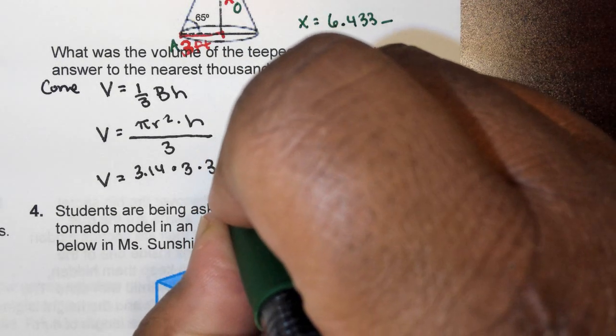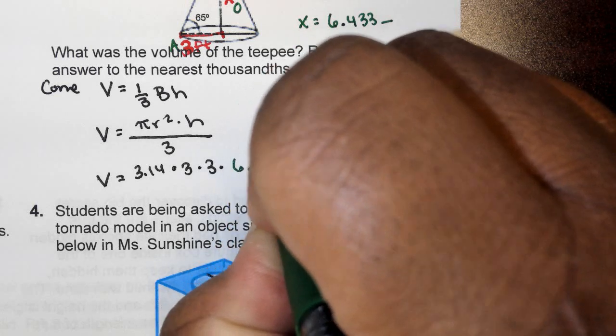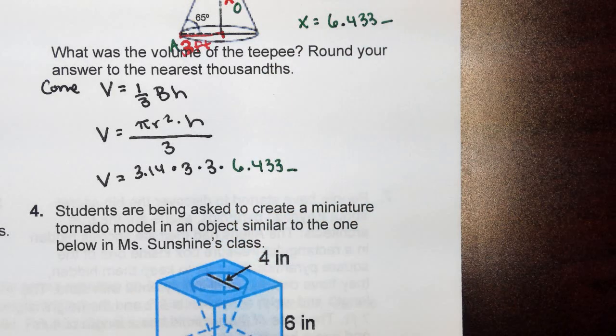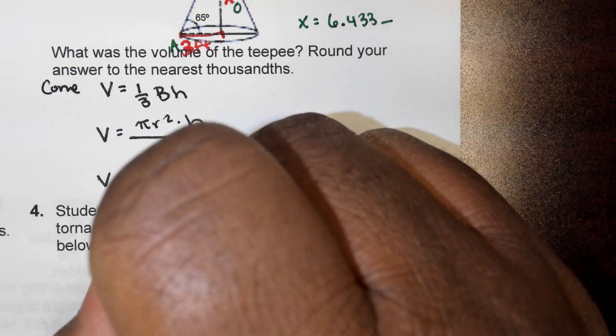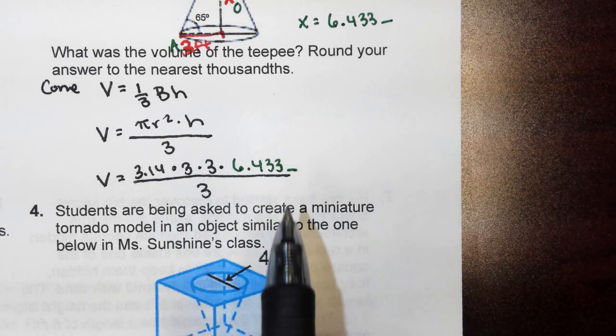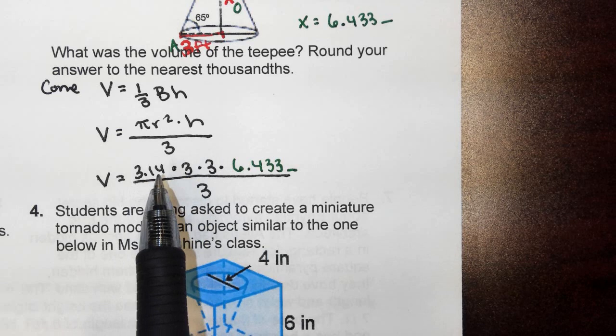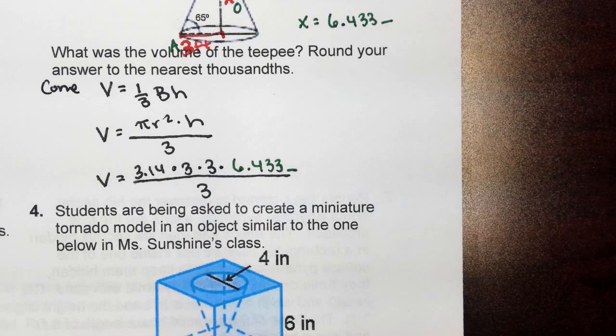So down here, we're going for our height. We're gonna use 6.433. Whatever you have in your calculator, just hold it in there. And we're gonna not forget to divide by 3. So in your calculator, you should already have this number in it. Times it by 3 times 3 times 3.14, then divide by 3.